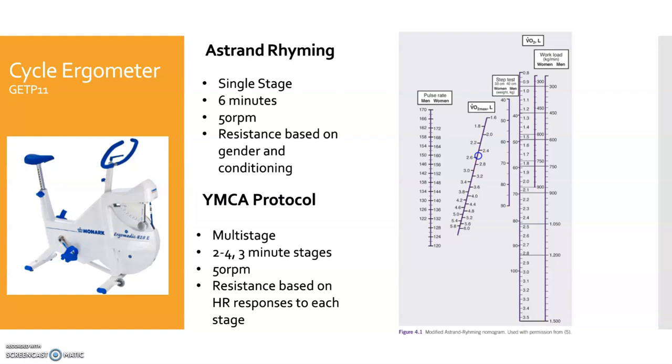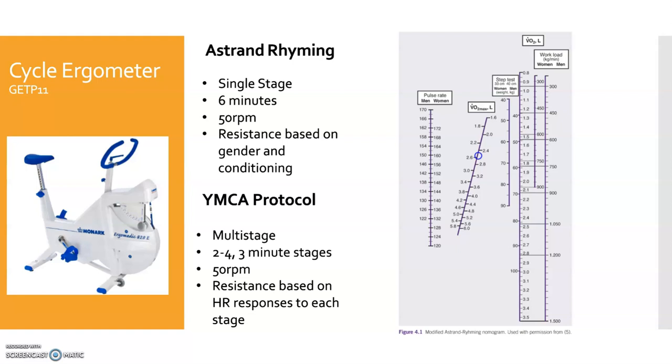If you look in the guidelines for exercise testing and prescription, the chart that shows VO2 max categories, so classification, low and high fitness levels, you'll see 2.5 isn't on that chart.